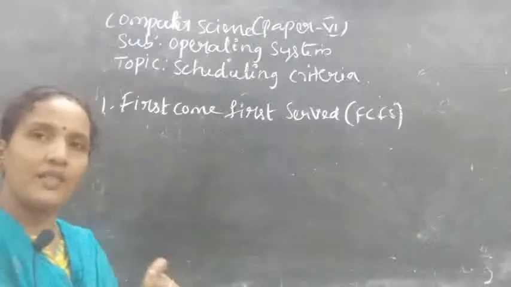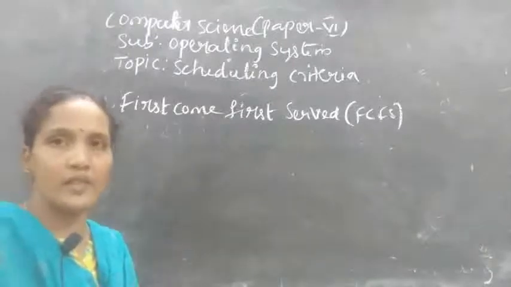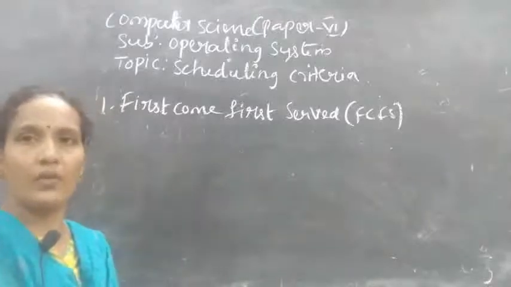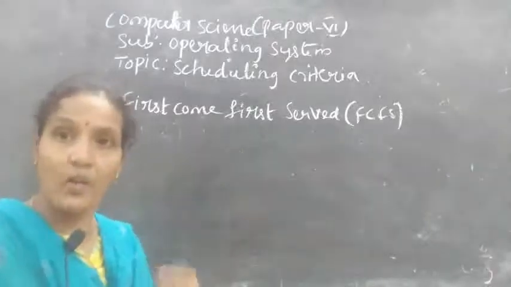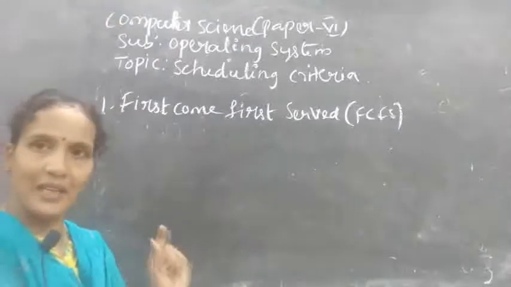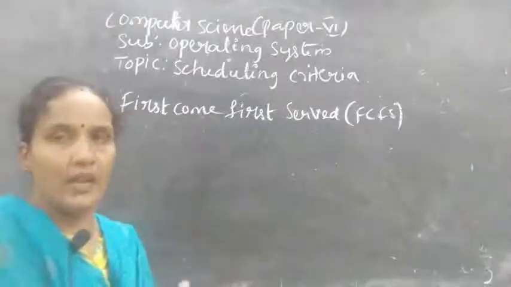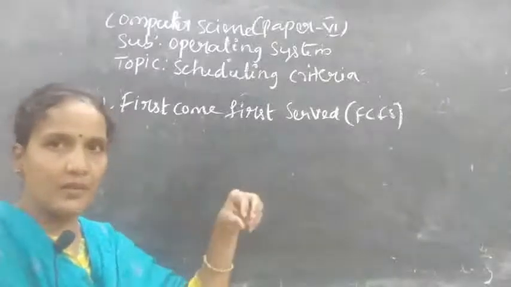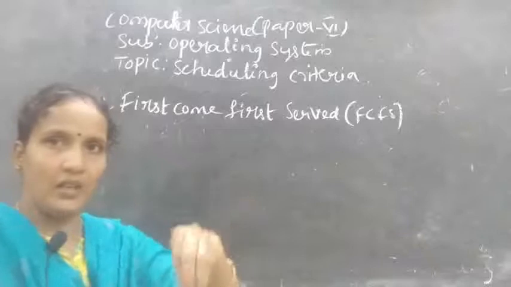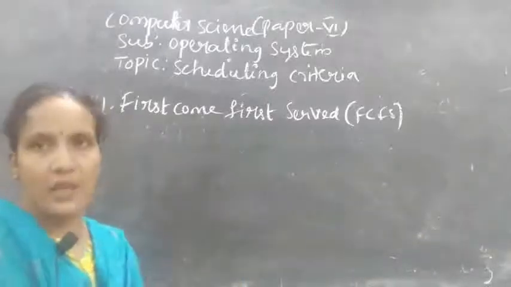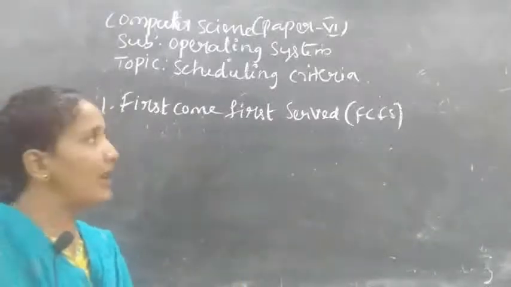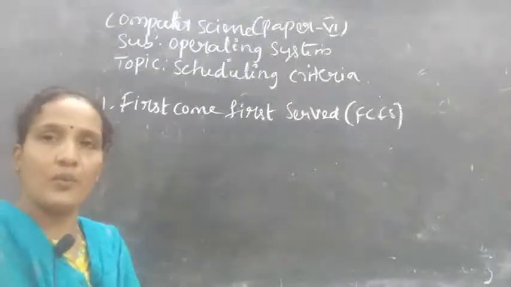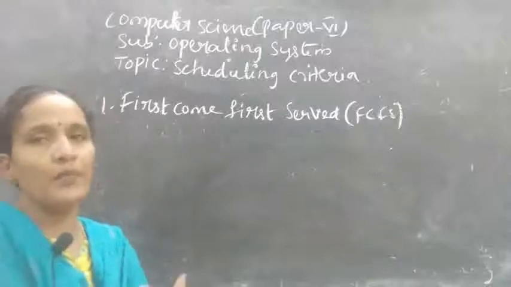Whichever process requests the CPU first will be executed first. It is similar to the queue data structure. This is mainly used in batch processing systems, where a large number of processes are waiting for the CPU.